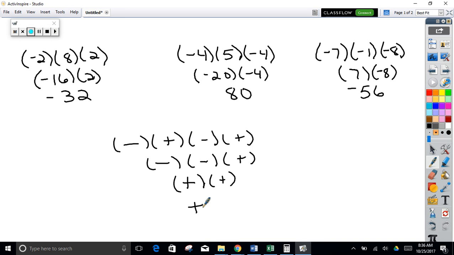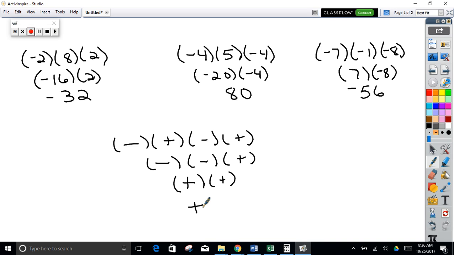Can anyone think of what a general rule might be for how many you have? Jimmy? If it's even, it's positive. If it's odd, it's negative.